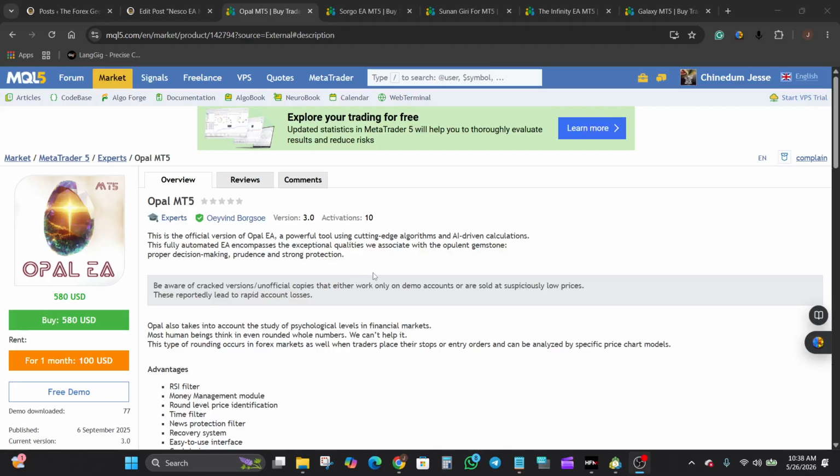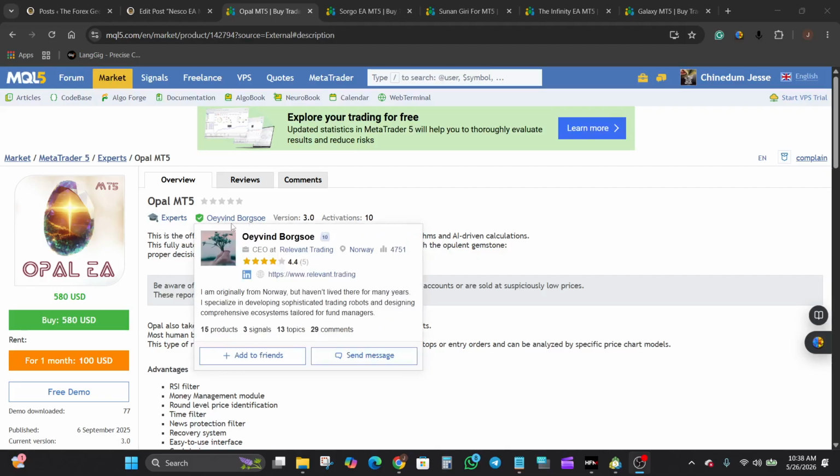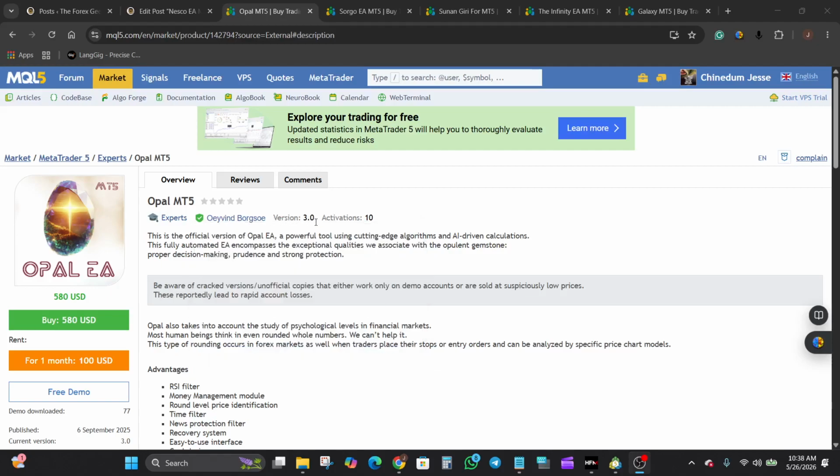All right, so right now I am on the MQL5 Marketplace page for Opal EA, and this is version 3.0 developed by Oevin Borguso. The price is listed at 580 US dollars for a full purchase, and there is also a rental option of 100 US dollars for 1 month, which gives traders a lower cost way to test it before committing long term.